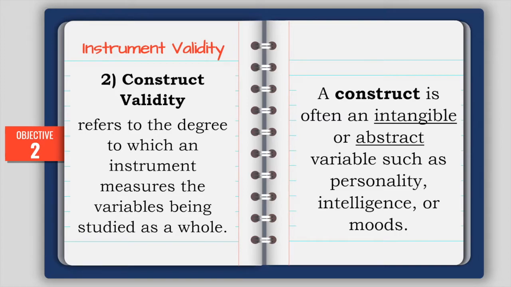Let's say we are measuring the construct called the love of coffee, but our instruments were just about enjoying the aroma of coffee. Are we really measuring the love of coffee? Can we really measure that construct when all of our instrument items or indicators were just about enjoying the smell of coffee? The answer is clearly no, since we won't be able to generalize the findings about the love of coffee.